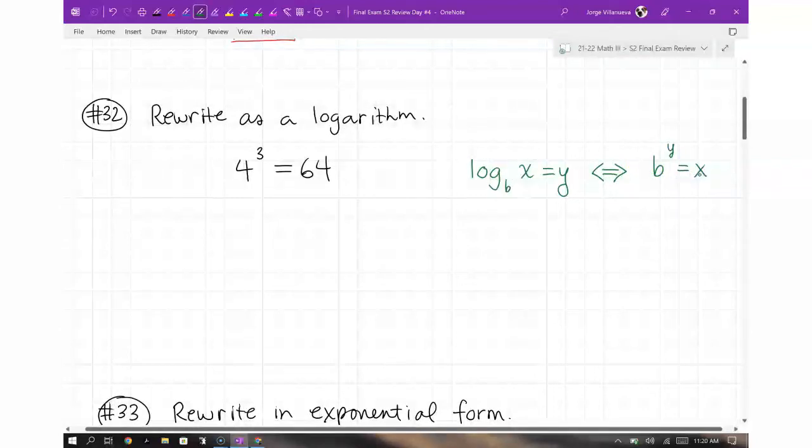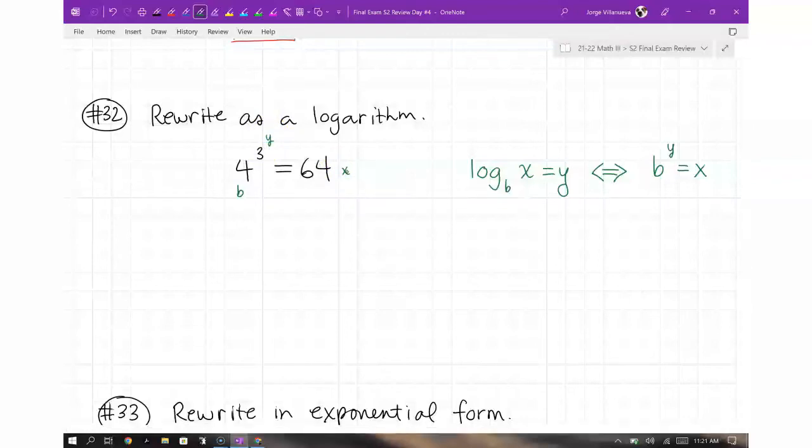So what we have is the right side, and they want us to go left. Notice the b is 4, the 3 is y, and the 64 is your x. According to that right side, b to the y equals x.